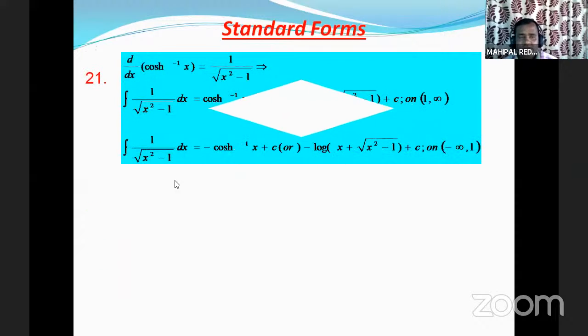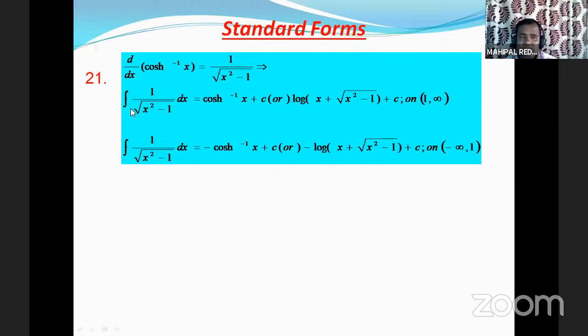Next, 21st one. This you also learned in intermediate first year. The derivative of the inverse hyperbolic cosine, that means cosh inverse of x, equals 1 by under root of x square minus 1.